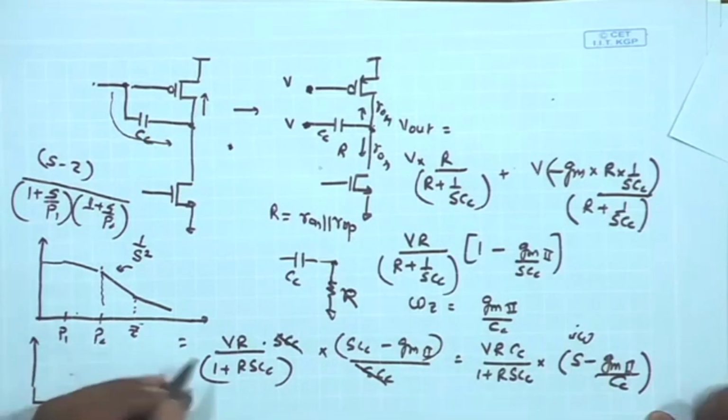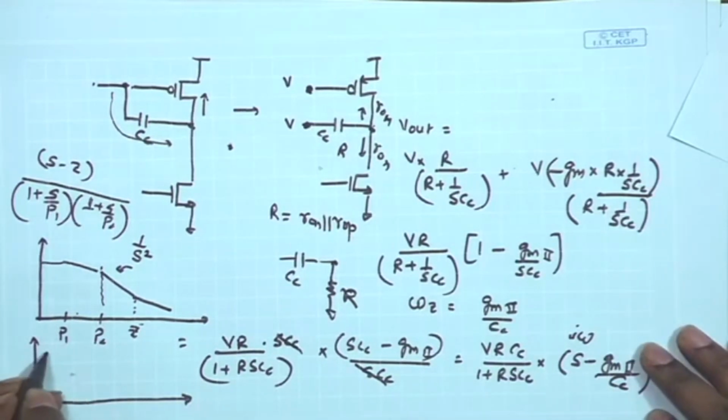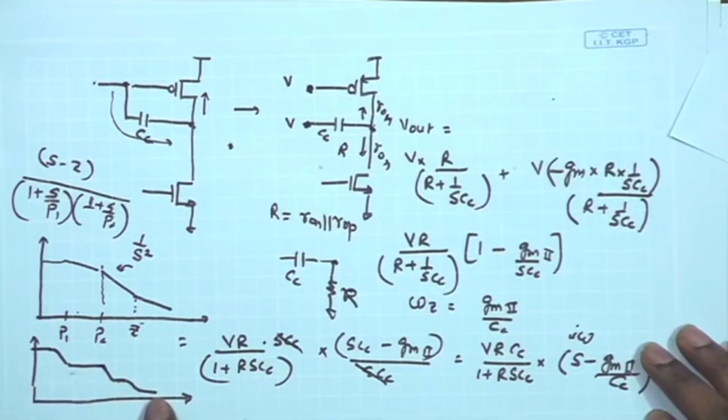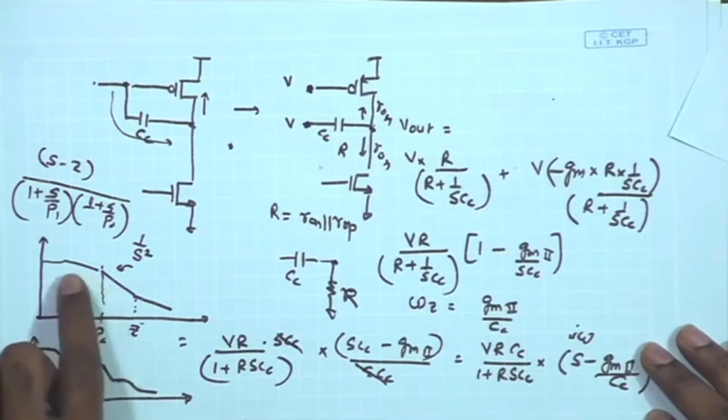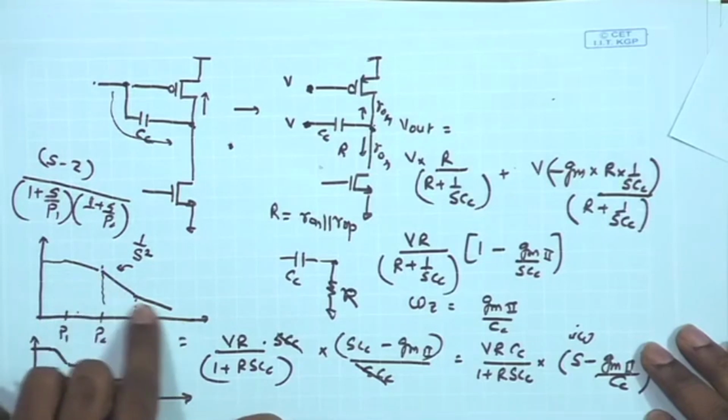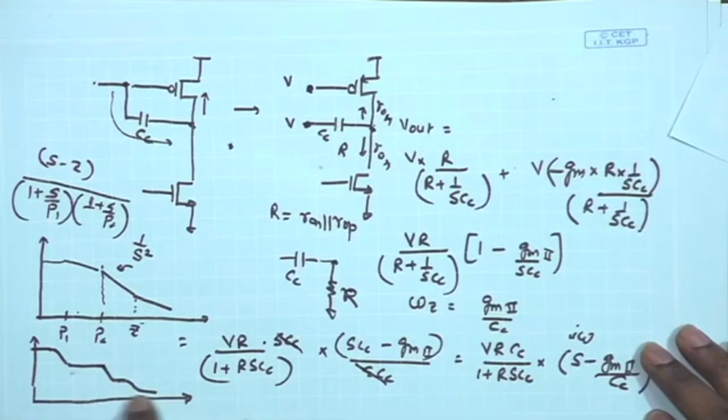So, we are having an overall phase which will basically approach 180 degrees much faster because of the 0, because it is going to make it all the more negative. So, you are having further phase degradation, and it is also degrading the slope. The slope of the decay of the gain has been reduced, and the phase is degrading further.